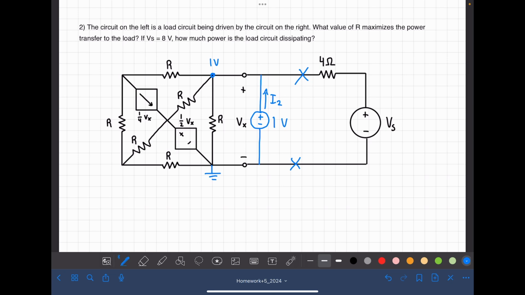So if we draw all the other currents in this node, we'll see that IS is equal to I1 plus I2 plus I3. Let's write out an equation real quick. We know that this I1 will just be 1 volt minus 0 divided by R. So I'll put 1 over R.